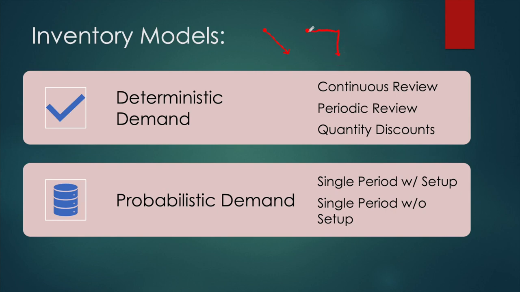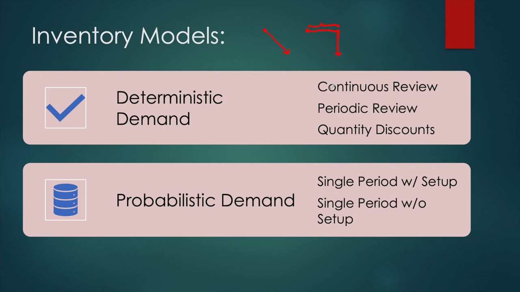So from this point to this point, you don't encounter any usage of your inventory, because your usage of inventory is at certain periods, and in this case it only happens at this point where your inventory level suddenly goes down. And that is the difference between continuous and periodic review.